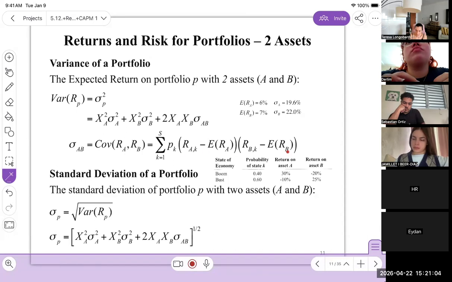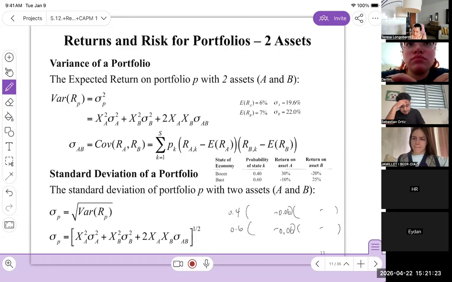So this is the crazy looking formula, but it's just a matter of two sets of two brackets and the probability in front and the means here. This one is for A, so it's 0.06. And this one's for B, 0.07.